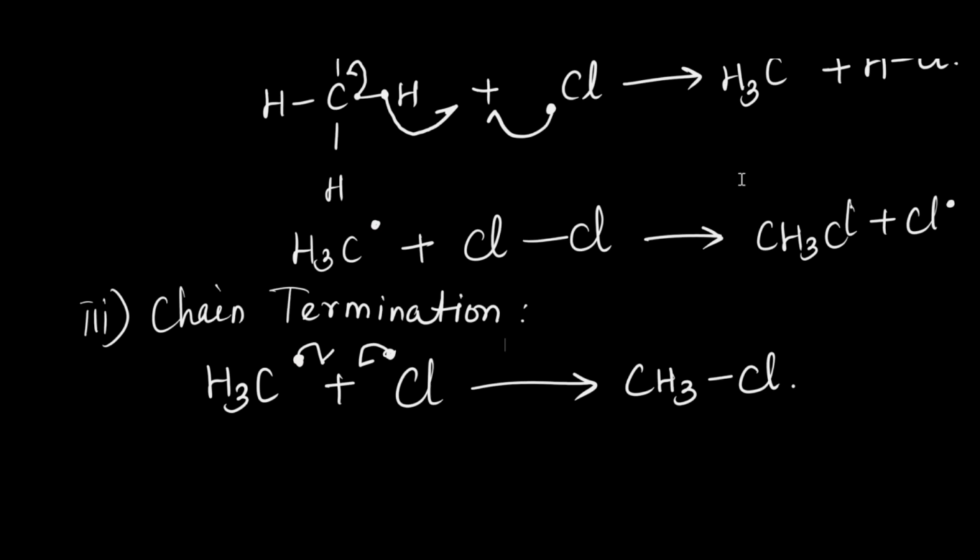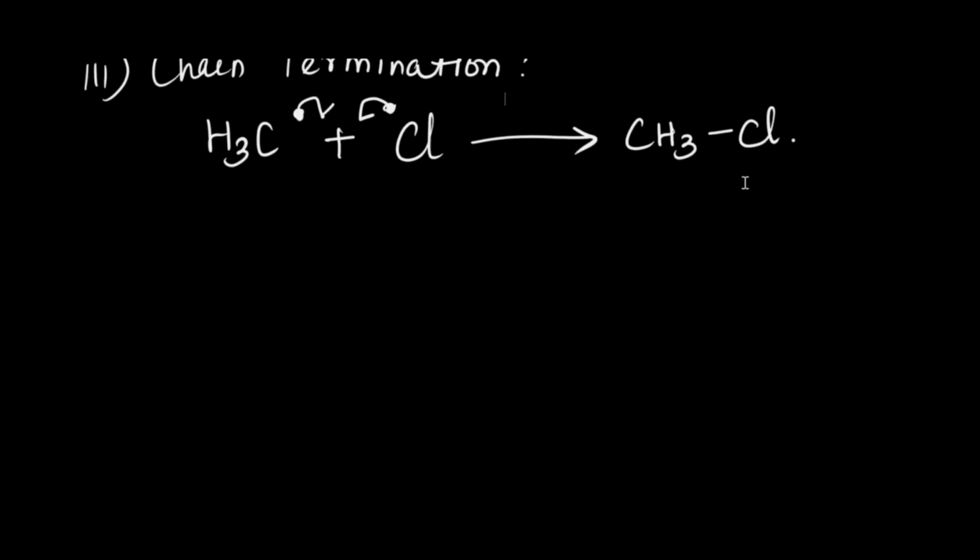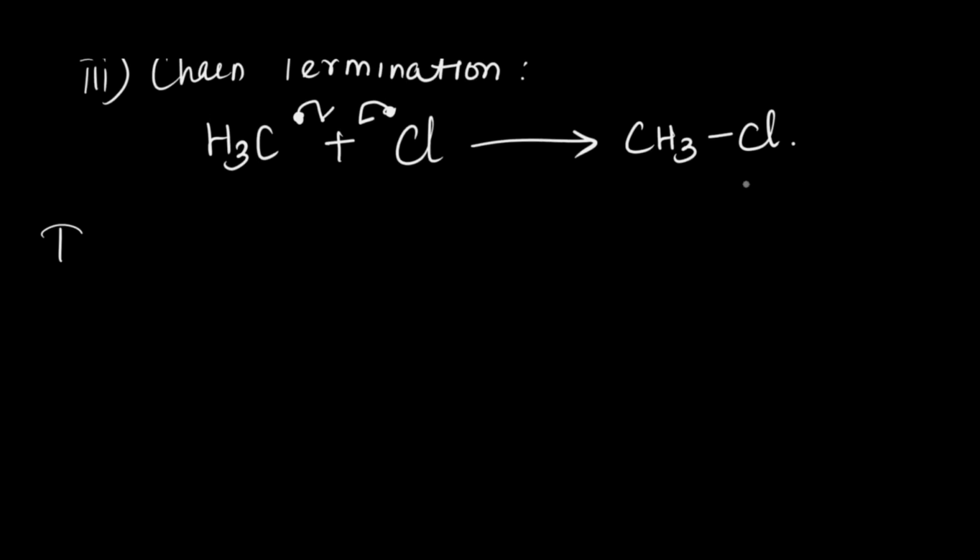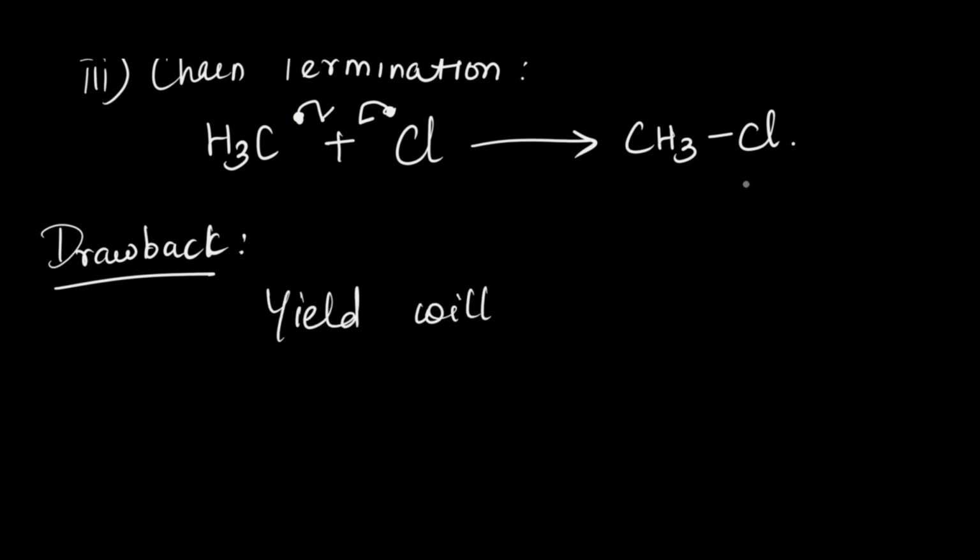But the main drawback of a free radical reaction is that if it follows the free radical mechanism, then the yield will be less. Yield is nothing but the desired end product. Why is the yield less?